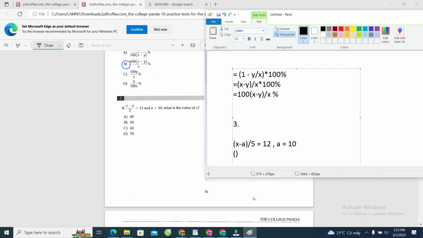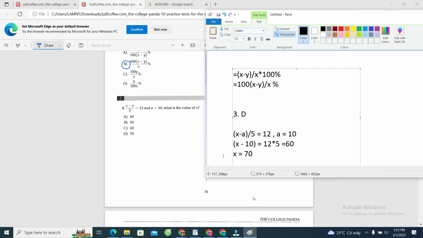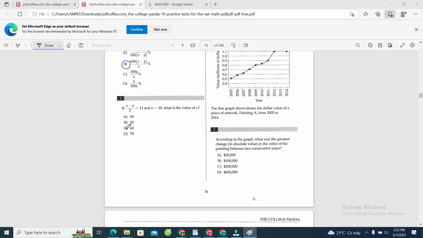So we have X minus 10 equal to 12 times 5, that is 60. So X is 70, right? So the answer should be D. Alright.